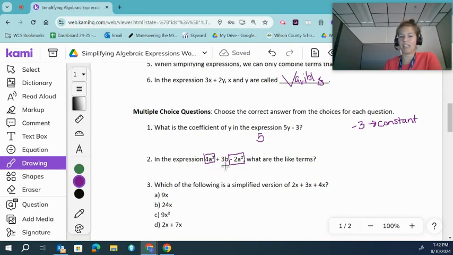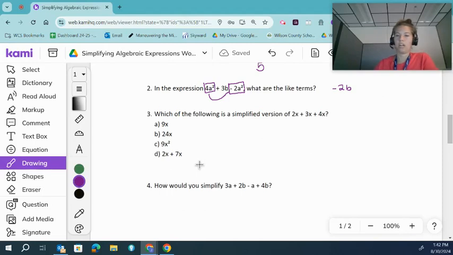An example of a like term for 3b might be negative 2b. Now, we're going to get into simplifying these and combining our like terms. That just means adding or subtracting them to put them together, to simplify them.